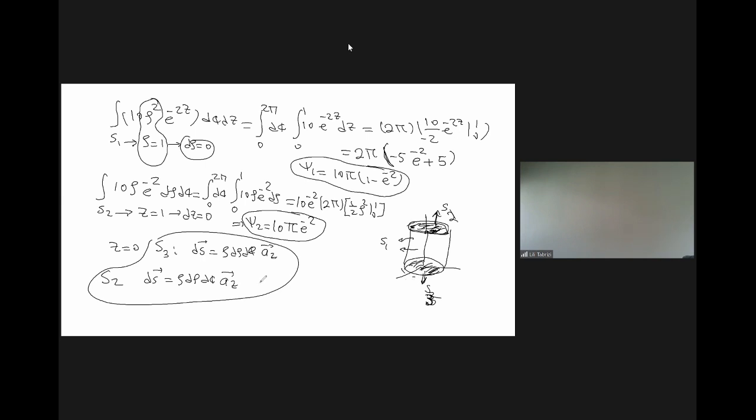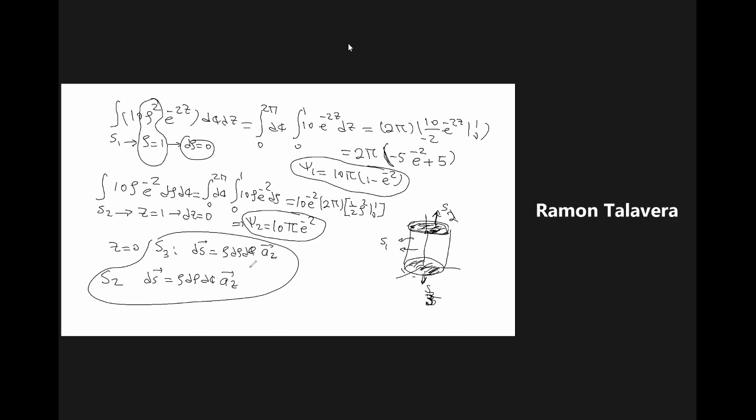How do you know when you look at this ds which one is upper, which one is lower? Let's assume that I don't say S2, S3. I just say that I'm giving you the increment for upper and lower. It looks fine because the normal vector is along the z direction and any increment along z is constant, so only rho and phi are changing. So I have rho d rho d phi.